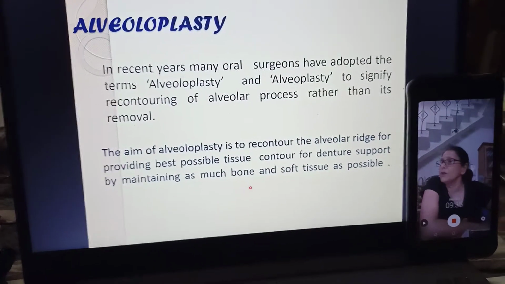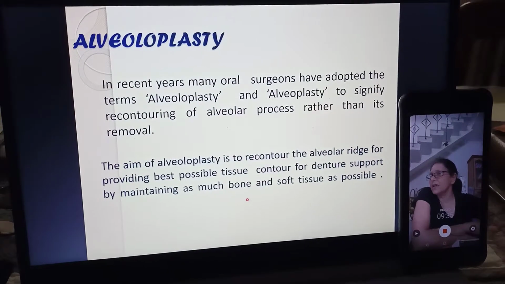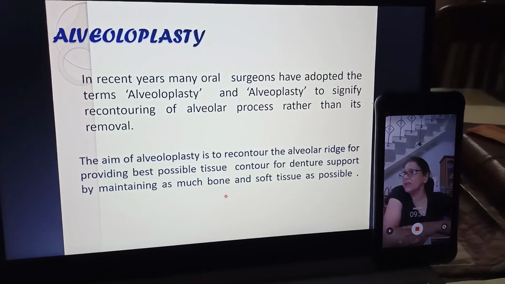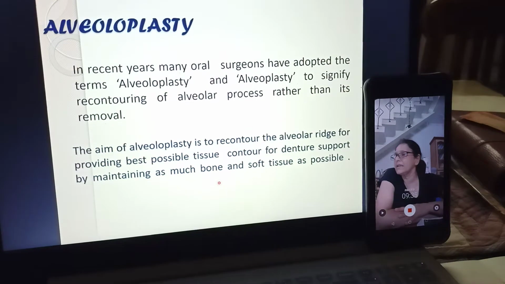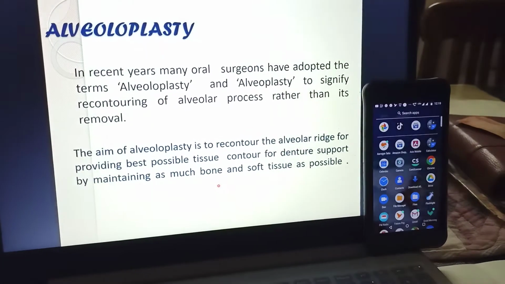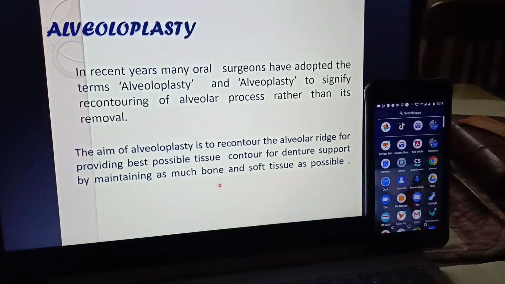Coming to alveoloplasty, as I discussed in the difference, in this procedure there is only recontouring, and the aim is to preserve the remaining bone as much as possible.